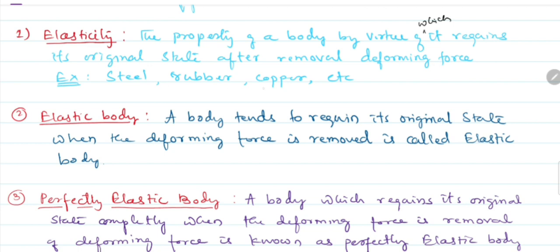Examples: steel, rubber, copper, aluminium, and so many things we have which have this property. All those are called elastic bodies. What is an elastic body? An elastic body is a body that tends to regain its original state when the deforming force is removed.